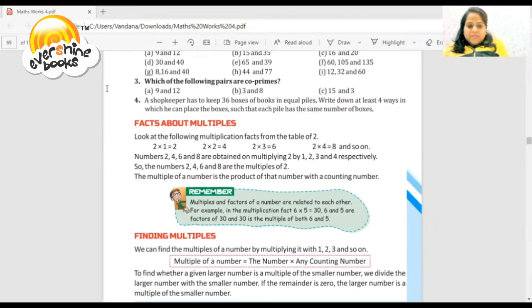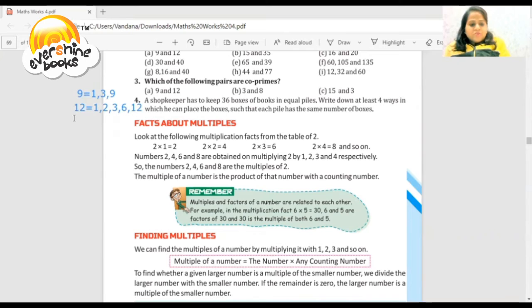Number 9 and 12. So first find the factors of number 9. Write here 1, 3 and 9. Now these are the factors of number 9. Now students, come to this number 12. Factors of 12 are 1, 2, 3, 6 and 12.